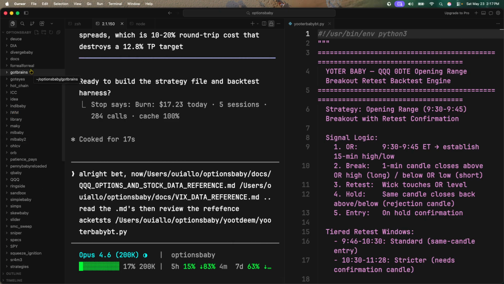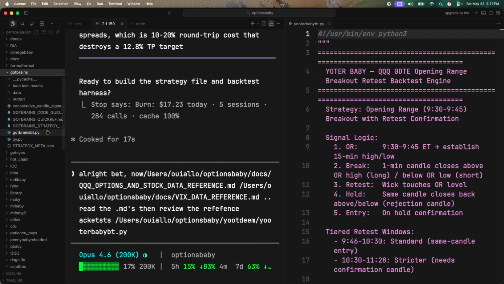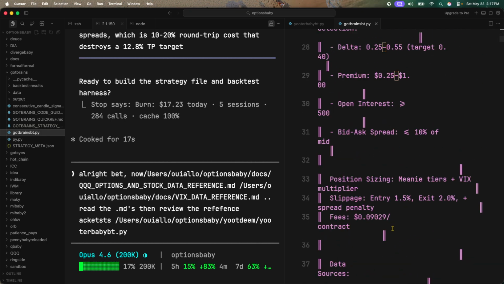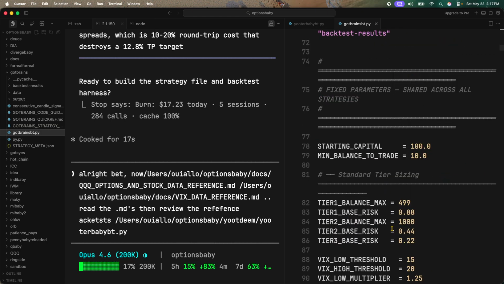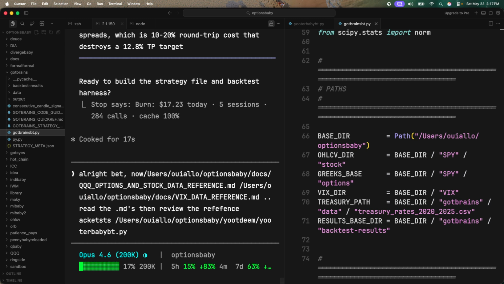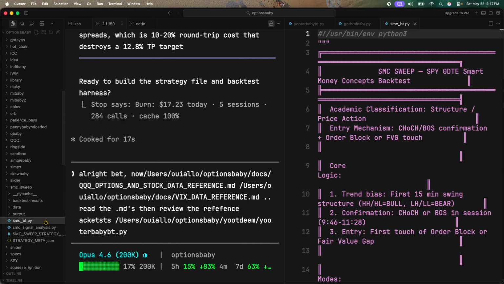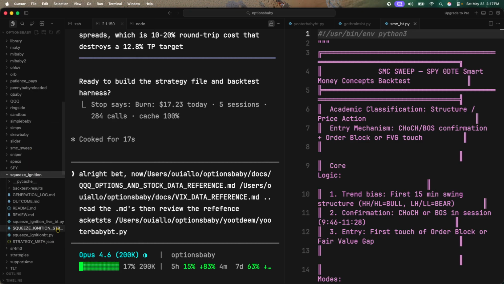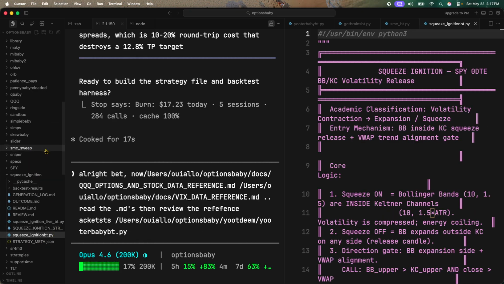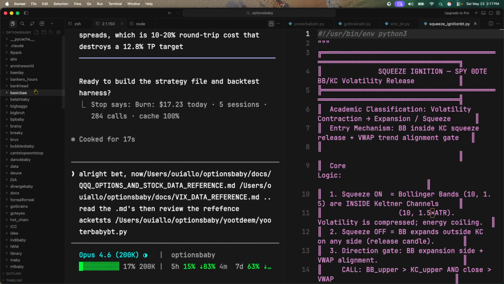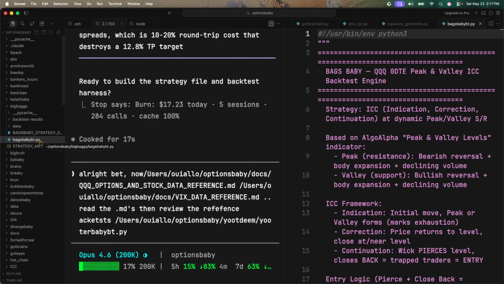I also want to show you another one. This is QQQ or SPY? This is SPY. So let me find another QQQ one. Oh, SMC. I think this was SPY. Squeeze ignition. I'm trying to find a QQQ backtest. There we go.